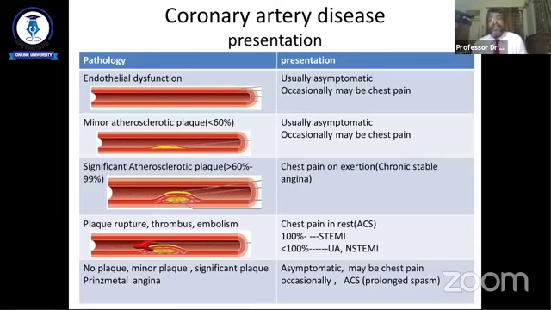So in ST elevated MI there is persistent ST elevation in any leads of the ECG, especially corresponding to the area of damage. It may be anterior lead ST elevation, inferior lead, or lateral lead ST elevation, or both anterior and lateral leads, which we call extensive anterior myocardial infarction.